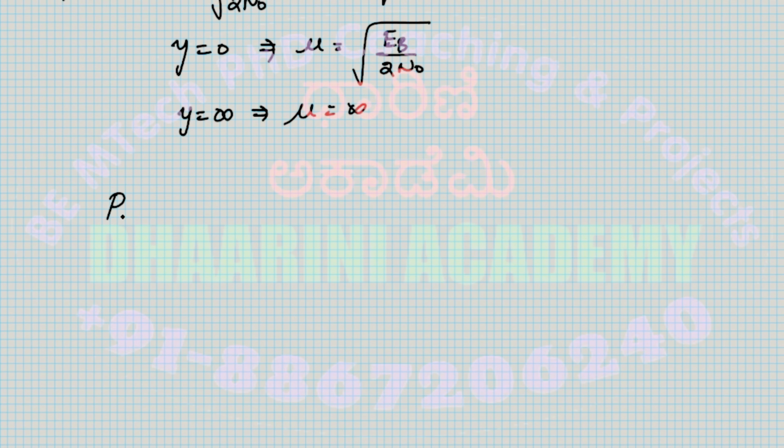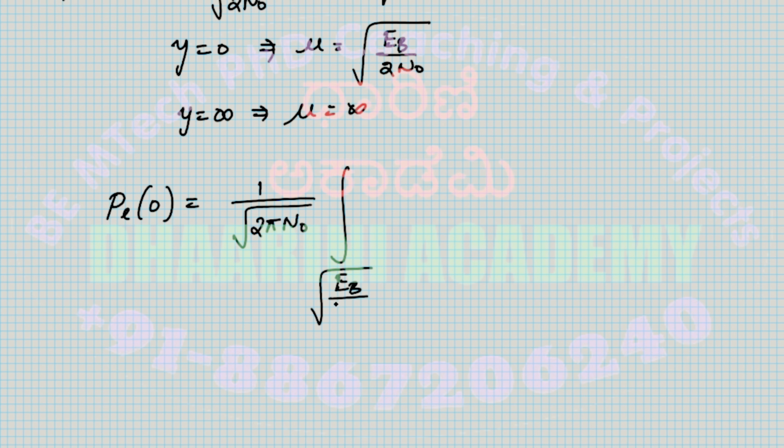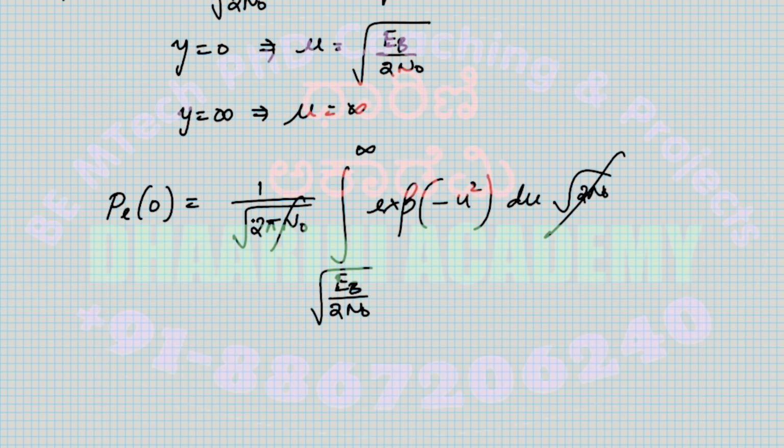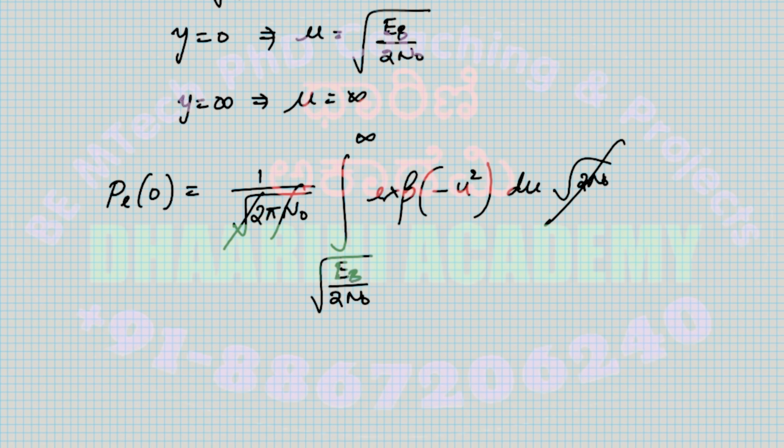So this implies probability of error when 0 was sent is equal to 1 divided by root of 2 pi n naught, integral from root of Eb by 2n naught to infinity, exponential of minus u square, into du and a root of 2n naught. So this root 2n naught cancels with the 2.